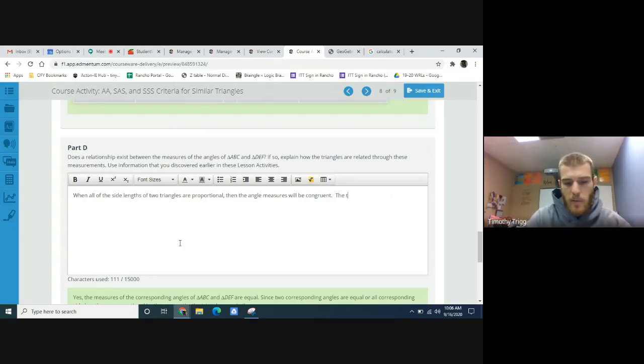The two triangles will be similar. Angles are similar. Cool.